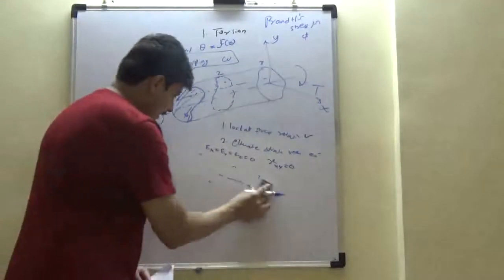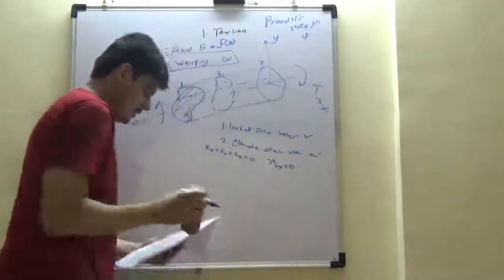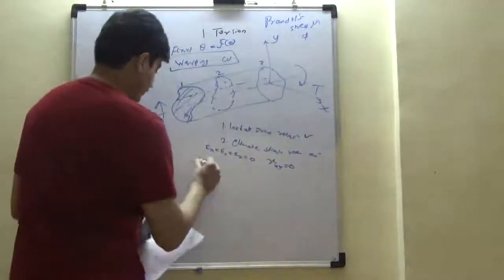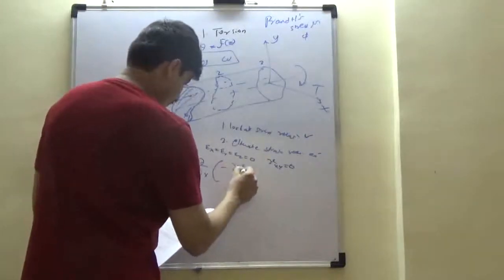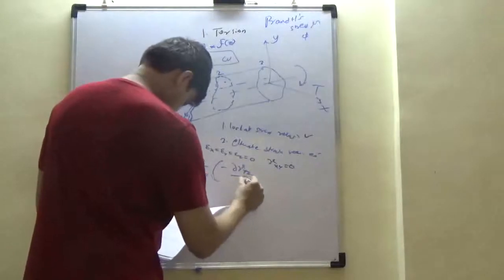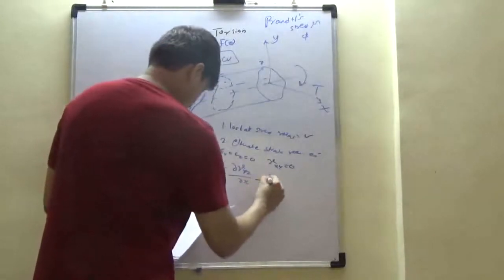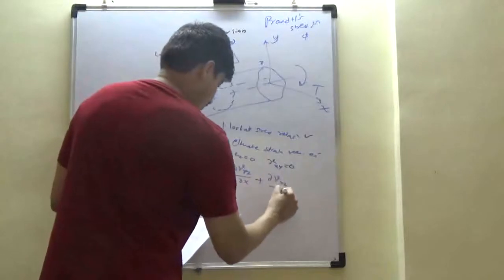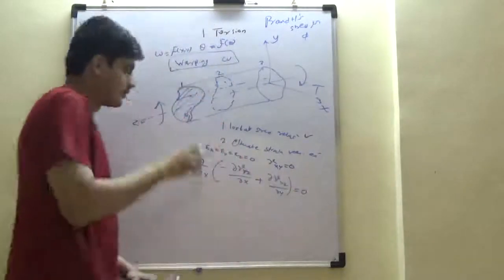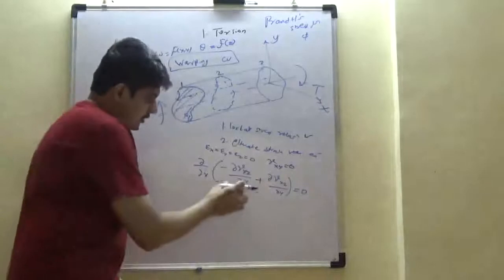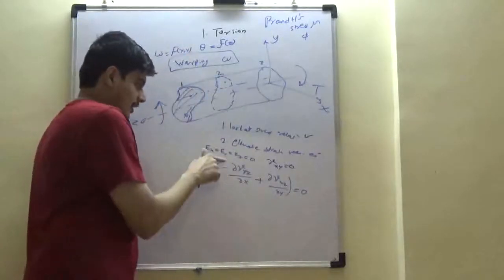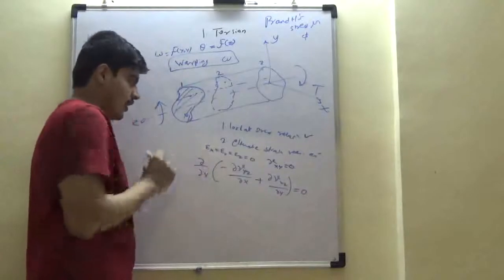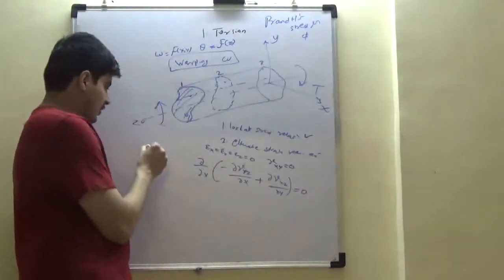So these relations on addition will give me del by del x. See, these two terms are coming from those original strain equations where instead of gamma I differentiate epsilon x double, because we looked at this, right?